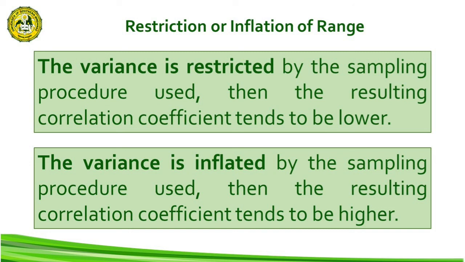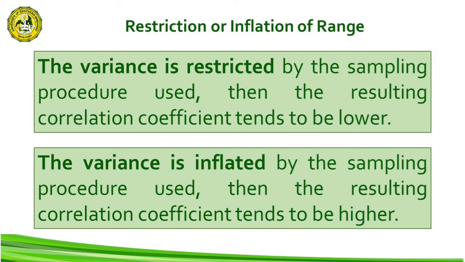If the number of items in an instrument in a test will be lower, so if there is a little number of items in a test, then the correlation in that test will be lower din kasi nga maliit lang yung number of items.